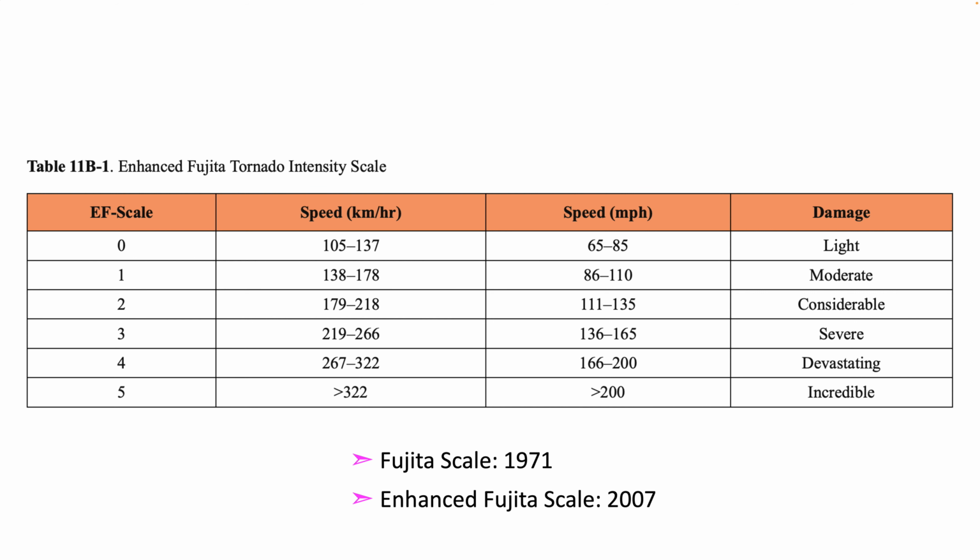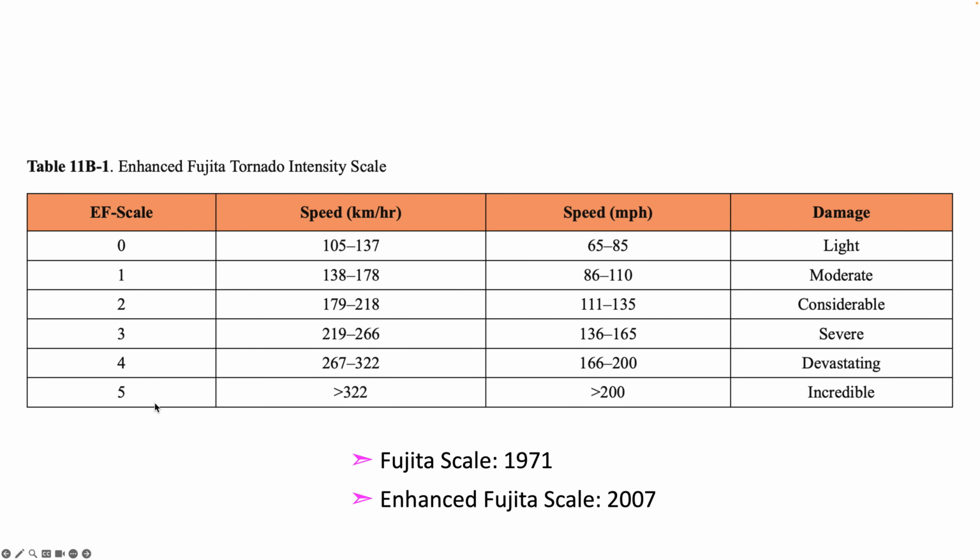Now, the great thing about the Enhanced Fujita scale is that the scientists didn't change the damage for each category that Fujita came up with. Instead, they reassigned wind ranges. What they found was that for the larger tornadoes, as we go from 1 to 2, 3, 4, and 5, and for the major tornadoes in particular, Fujita overestimated the wind speeds that caused the damage he expected.